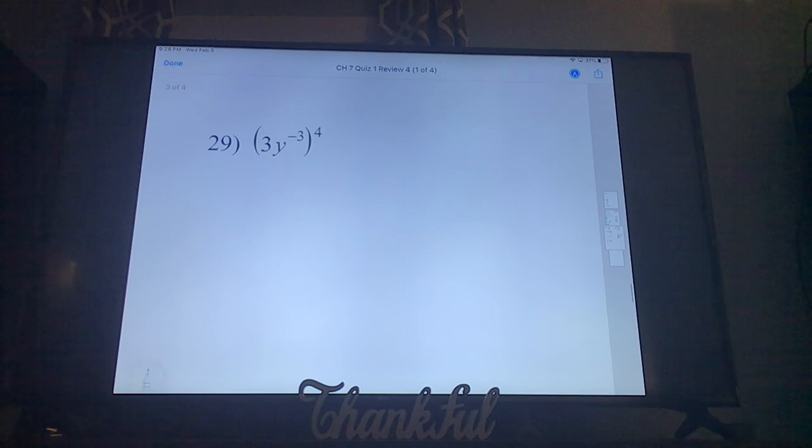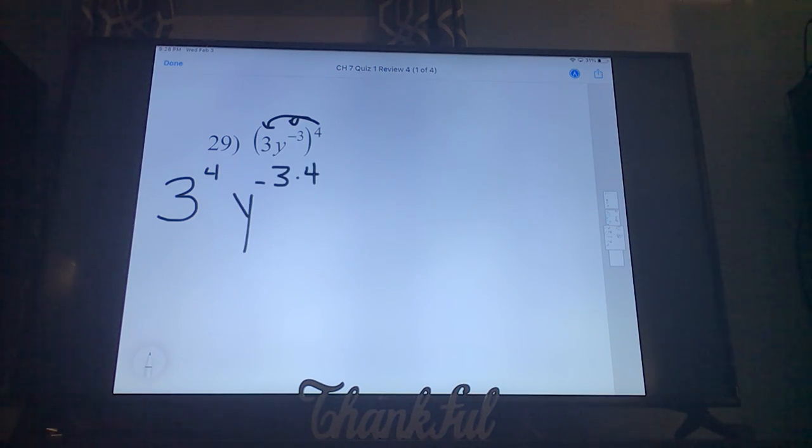Okay, 29, we're going to distribute. So you're going to have 3 to the 4, y to the negative 3 times 4. So 3 to the 4, y to the negative 12. Negative 3 times 4 is negative 12.